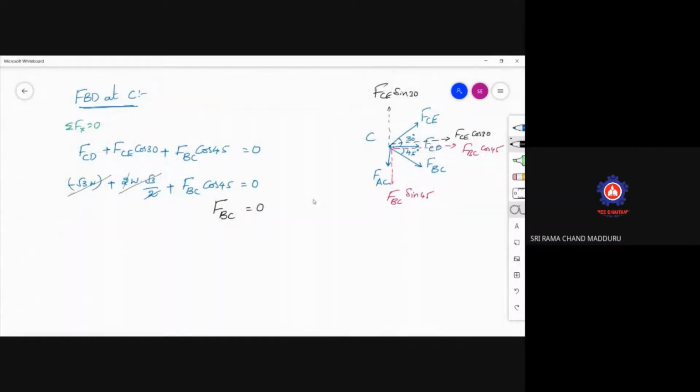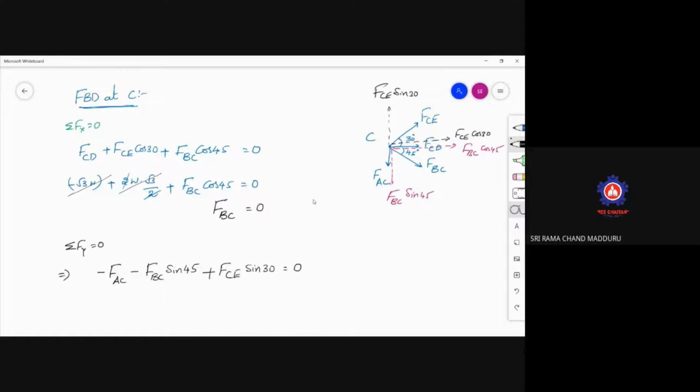Now take sigma Fy equal to 0: minus FAC minus FBC sine 45 plus FCE sine 30 equal to 0.